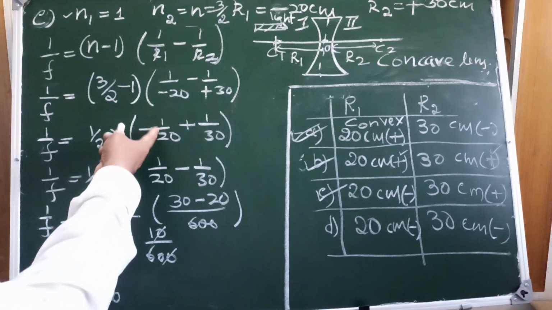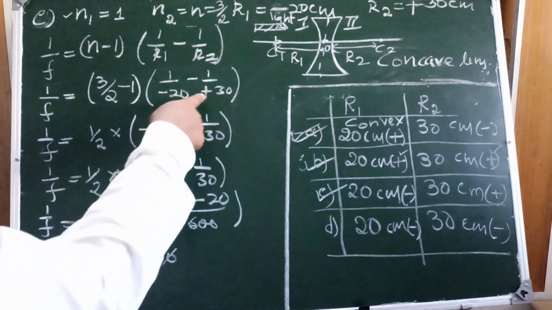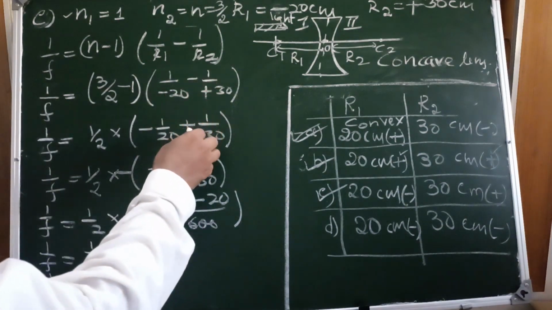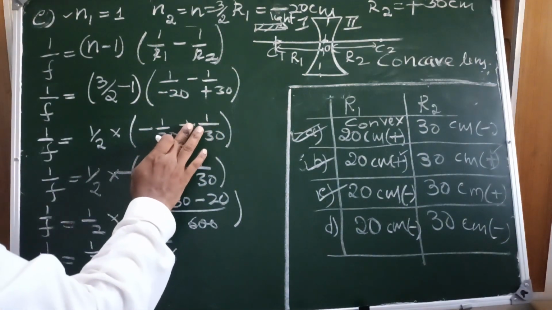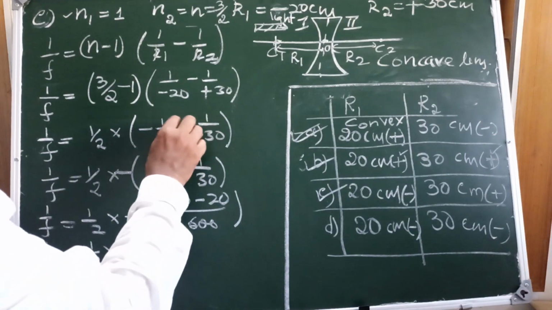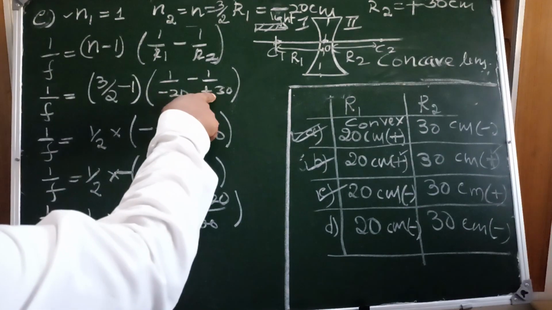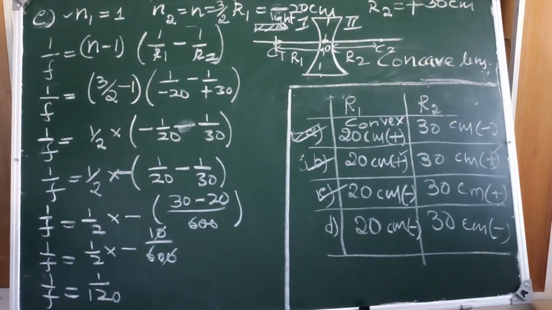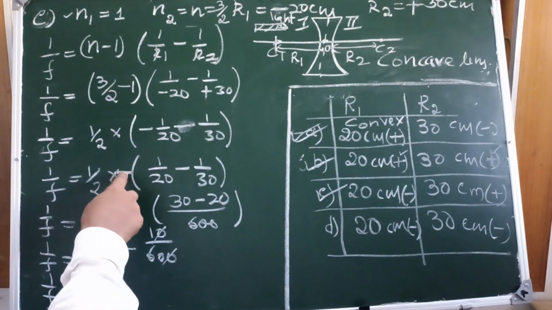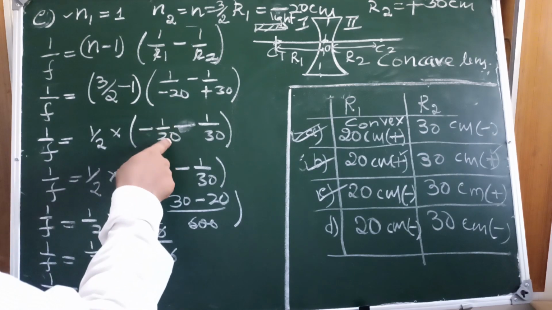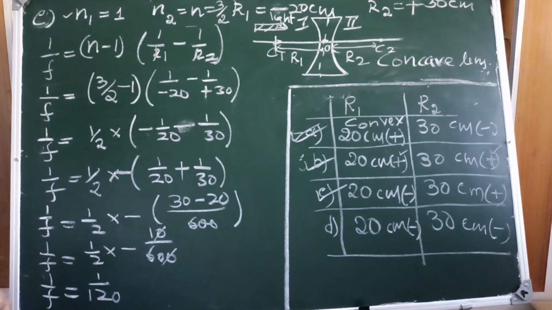If you take the minus outside, it becomes, actually we have made a mistake here. Actually it becomes minus, because here minus into minus into plus is minus, and it becomes again minus 1 by 20 plus 1 by 30.